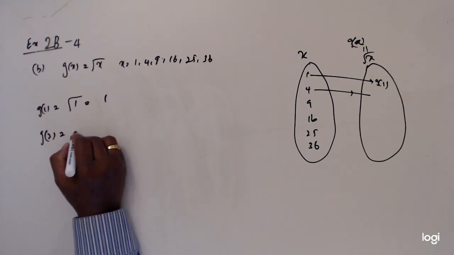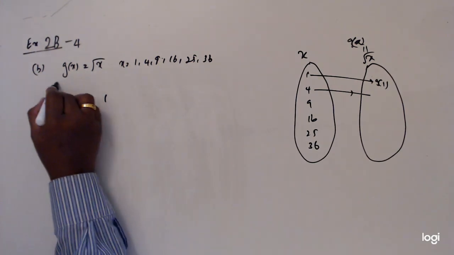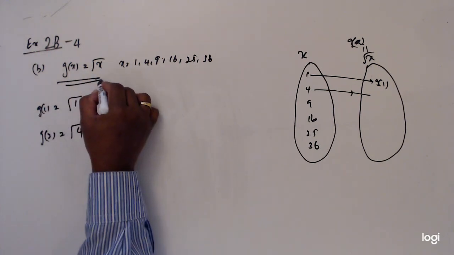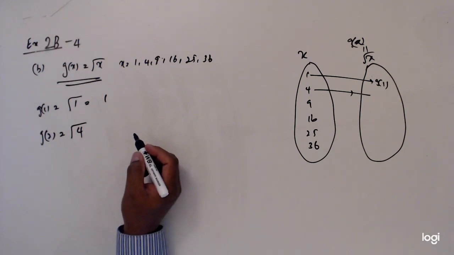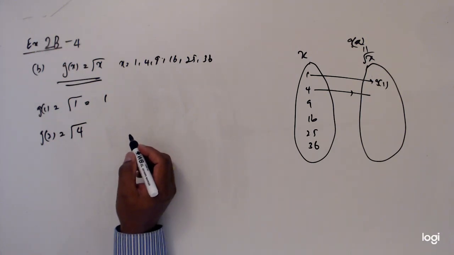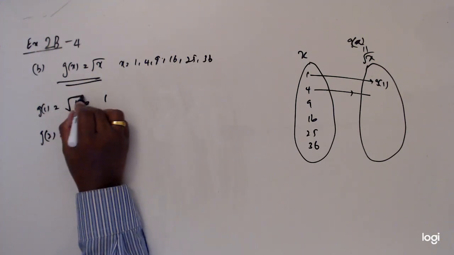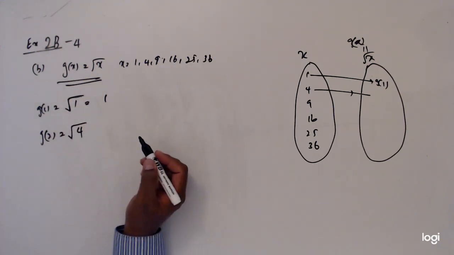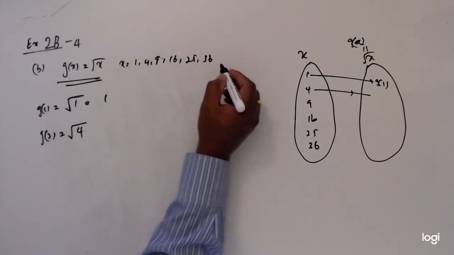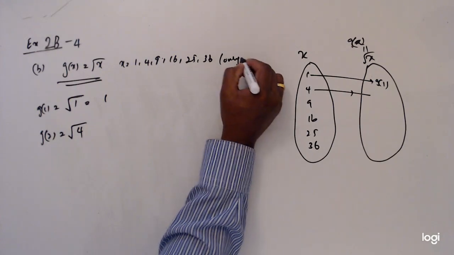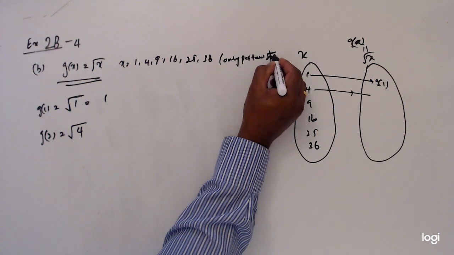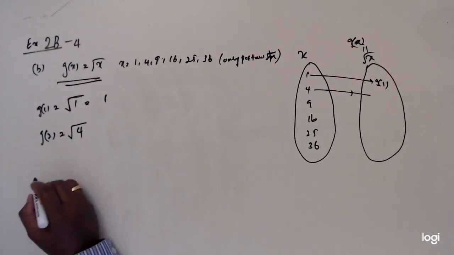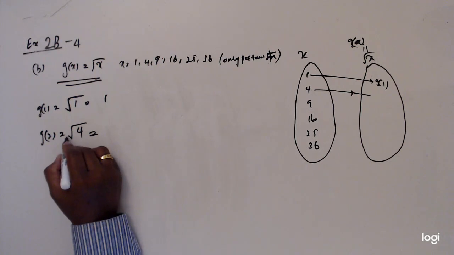square root 4. It is clearly mentioned in this sum to consider only the positive, there is a note. Remember, square root x means the positive square root. Not always, but since there is a note, we'll consider only the positive square root. So hence there is no plus, so 2 is the answer.